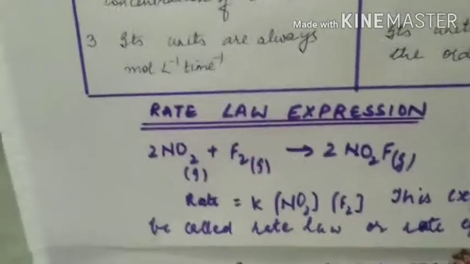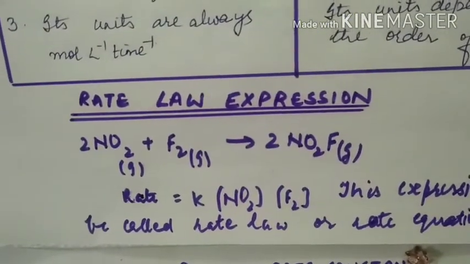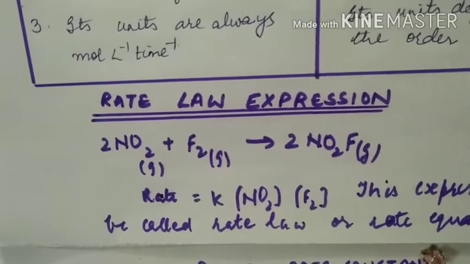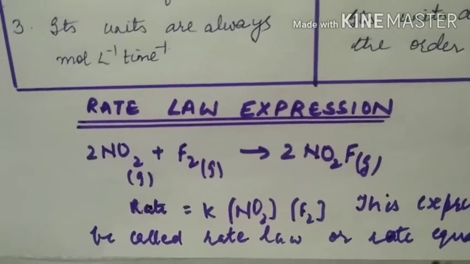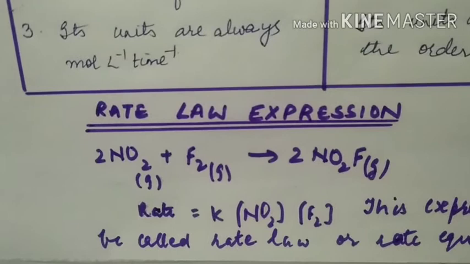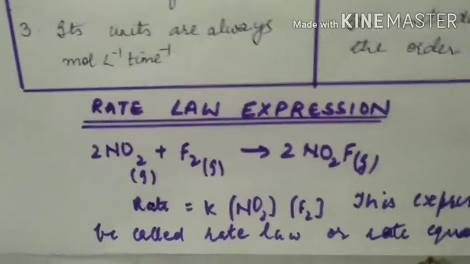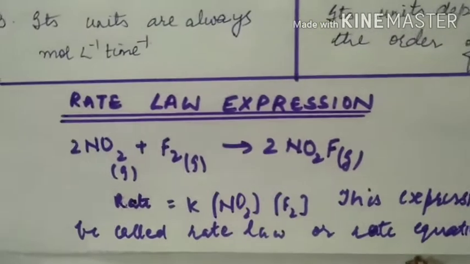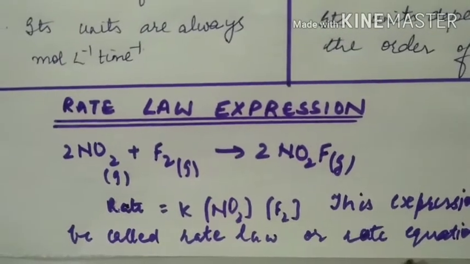Then we said, according to law of mass action, the rate is proportional to the concentration of reactants raised to power the stoichiometric coefficients. But if you consider this reaction 2NO2 plus F2 gives 2NO2F, according to law of mass action, the rate will be K into concentration of NO2 raised to power 2 into concentration of F2.